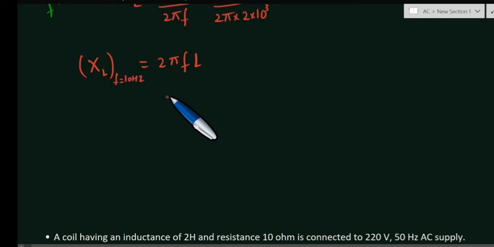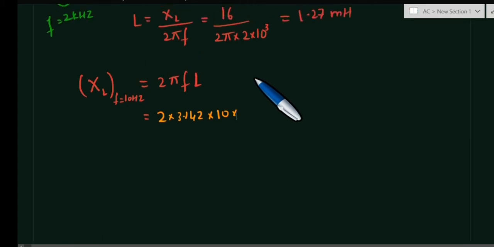So that is equal to 2 pi into F, that is 10, into the value of L we found just now, that is 1.27 millihenry.